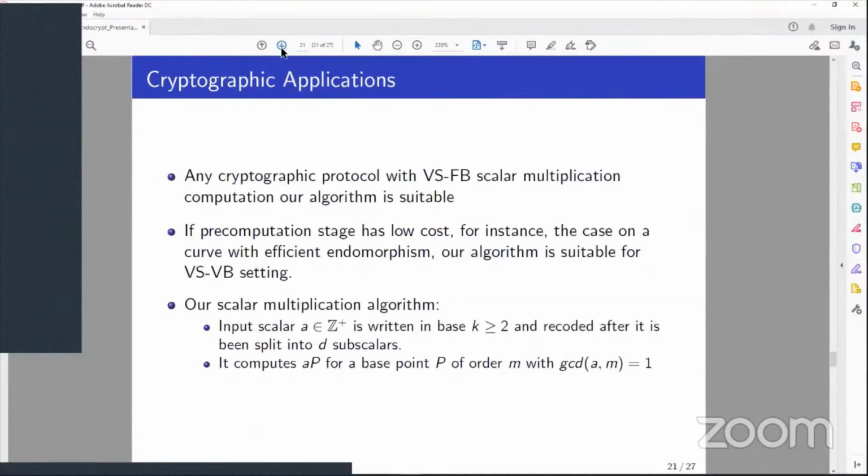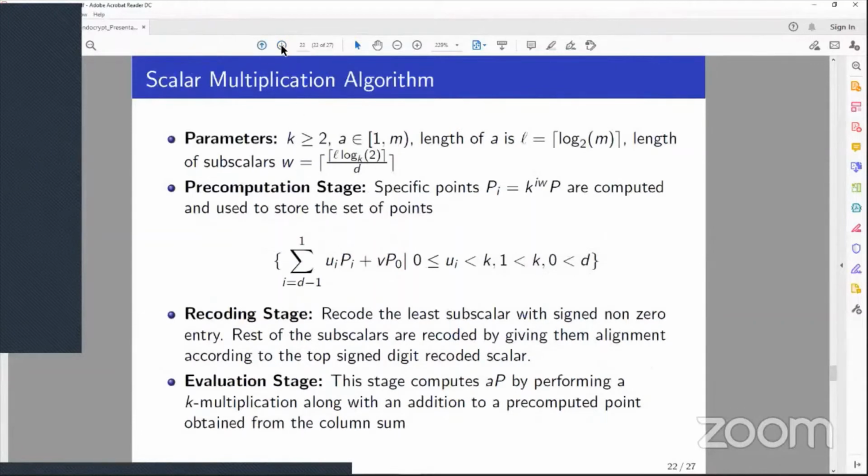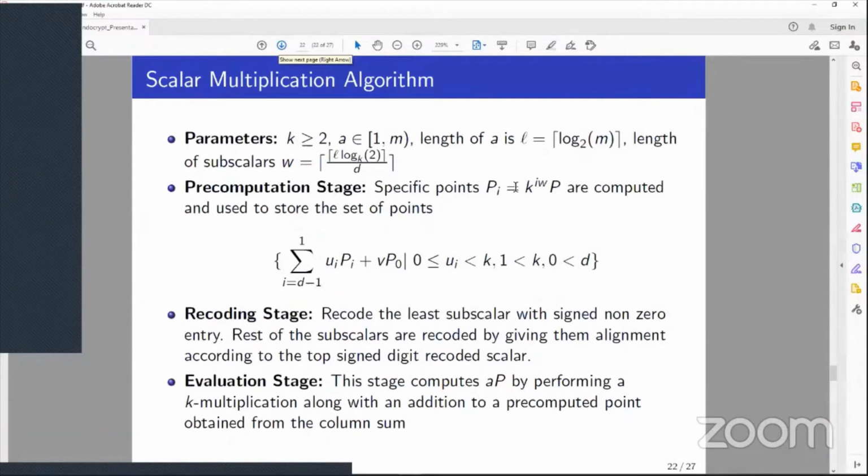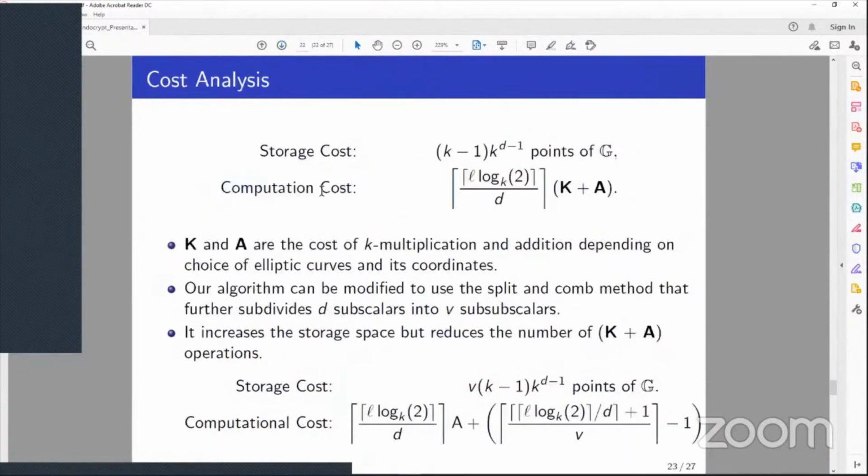Okay, thank you. For concluding remarks, we use this recode and sign alignment algorithm to give a scalar multiplication algorithm. Depending on that algorithm, we give a cost, which is the storage cost and computation cost in terms of the number of points in the pre-computation stage, and the number of k multiplications and additions we perform.